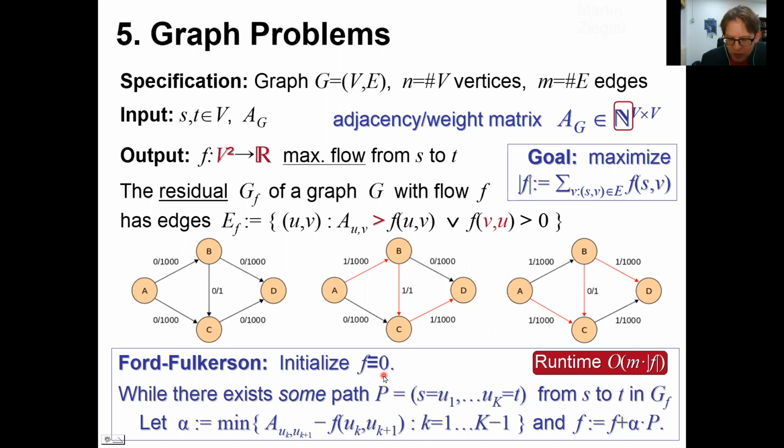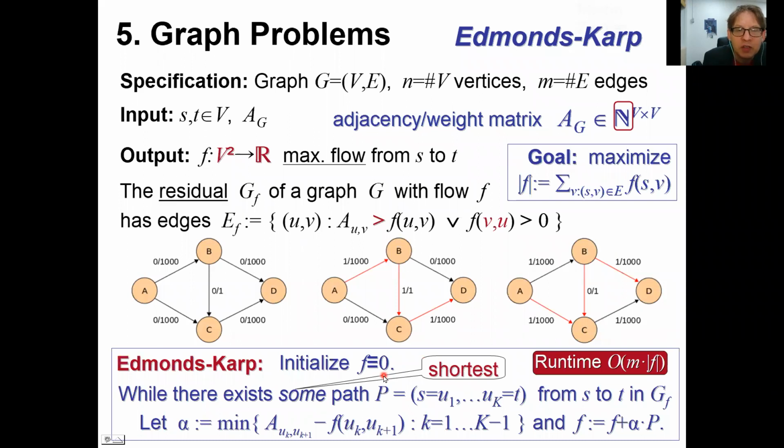And one rule for making the augmenting path choice fully specified is to use the shortest augmenting path, right?